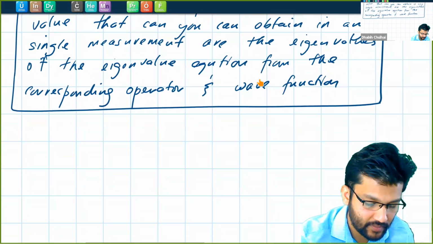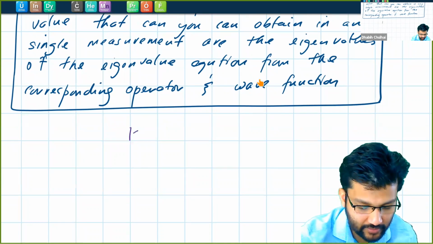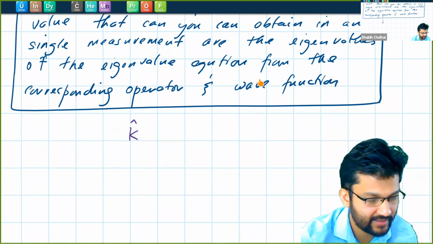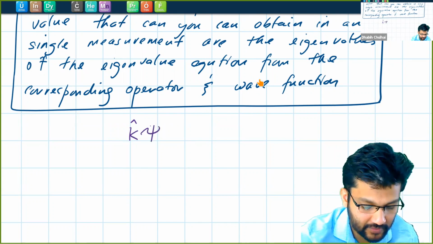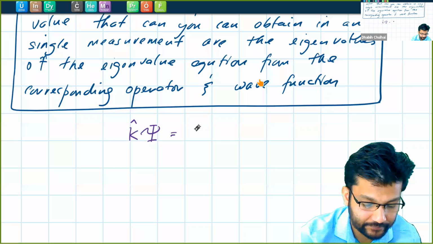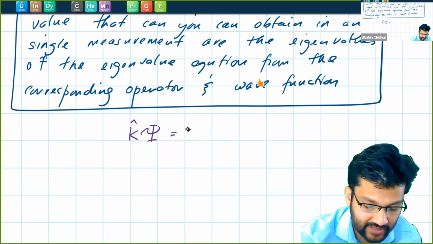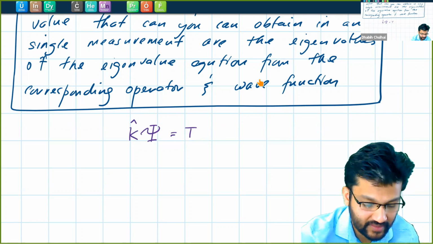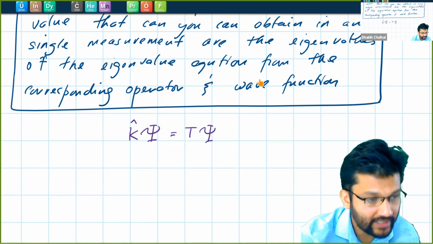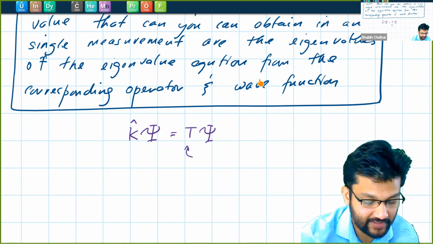So let's say you wanted, I don't know, the kinetic energy. So that's a kinetic energy operator acting on the wave function, right? We set up an eigenvalue equation, and let's say T is the kinetic energy. There are too many k's in this world. The only kinetic energy you can get from any measurement is this eigenvalue.